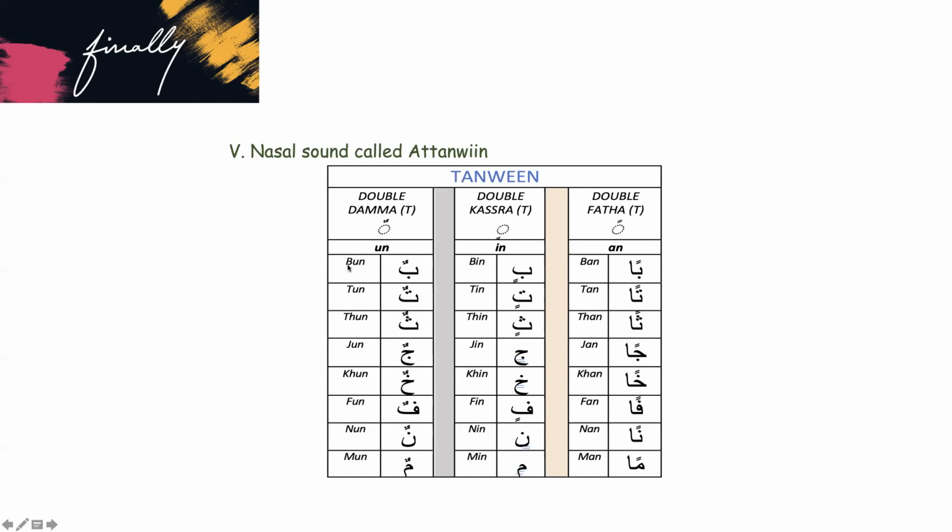And the last one: bun, tun, thun, jun, khun, fun, nun, mun. As you can see here, guys, in the second and third charts we have only the letters by themselves with the accents. However, in the first one, we have the letter plus accent plus the alif. If you remember, in the previous slide we said that the alif makes the sound lengthened, right? But here, it doesn't have any effect. It's only here to carry the doubled fatha.